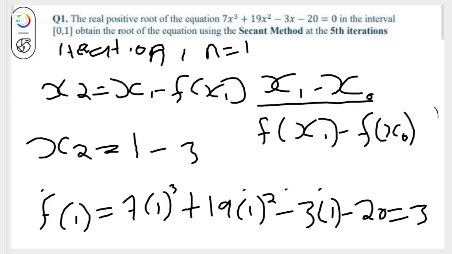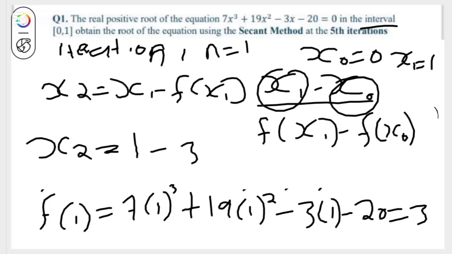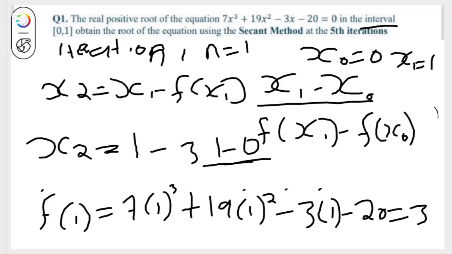From the question, it gives us the interval of 1 and 0. So x of 0 will be 0, and x of 1 will be equal to 1. So I will now say multiplied by 1 minus 0 divided by f of x1 minus f of x0.